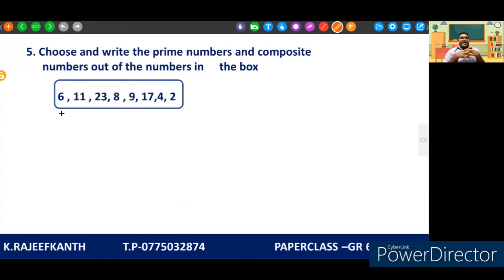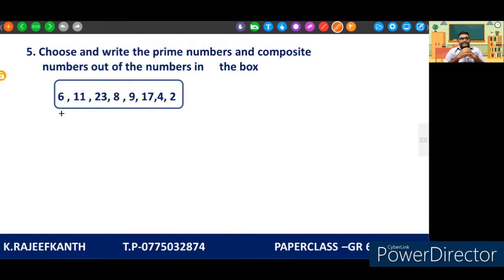Choose and write the prime numbers and composite numbers out of the numbers in the box. Already you have learned what is a prime number and what is a composite number. Now you have to choose which are prime numbers and which are composite numbers.